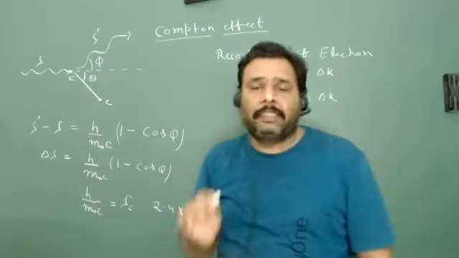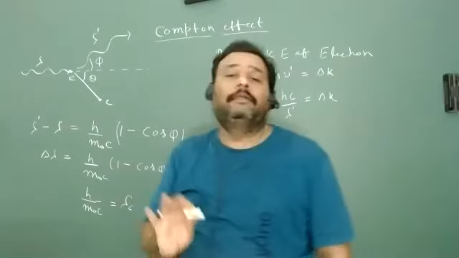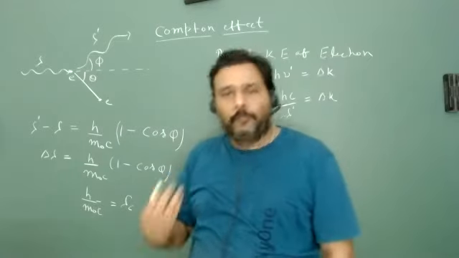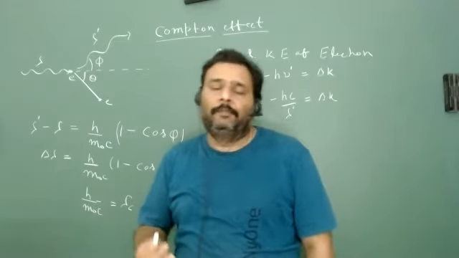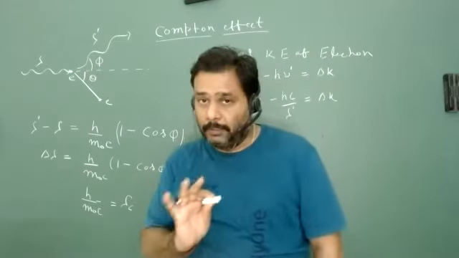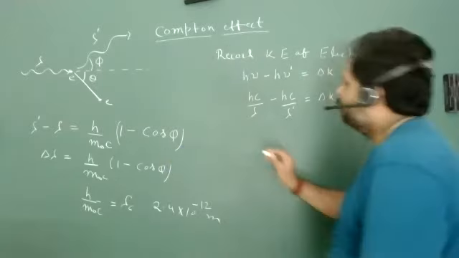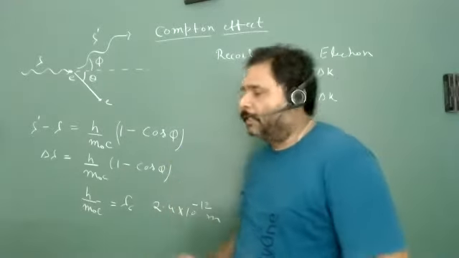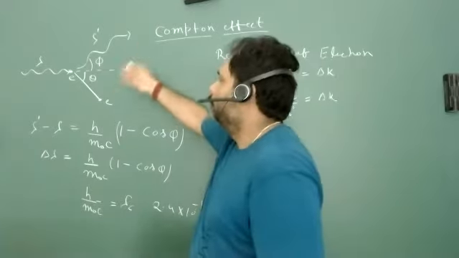And always try to think of this in the relativistic domain. What is the meaning of the relativistic domain? You have to use the relativistic energy and momentum. So this is very important. And this is just like a collision problem, nothing else, a collision problem in a two-dimensional plane.